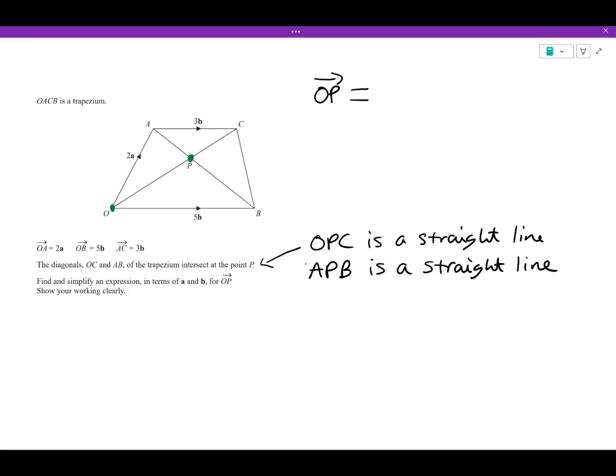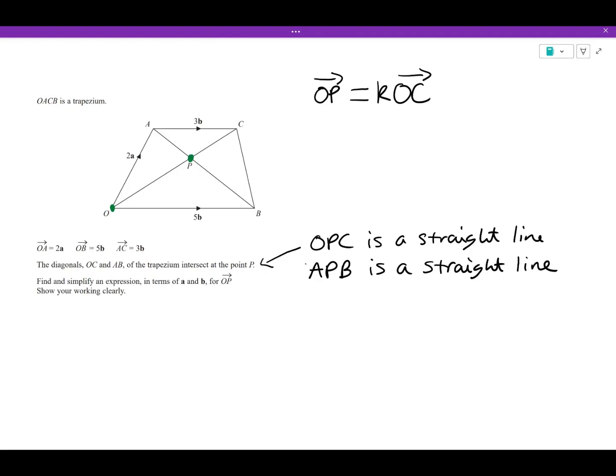So O to P is parallel to O to C. Therefore, O to P and O to C are scalar multiples of each other. So I can say that O to P is equal to some scalar multiple I'm going to call K multiplied by O to C like that.